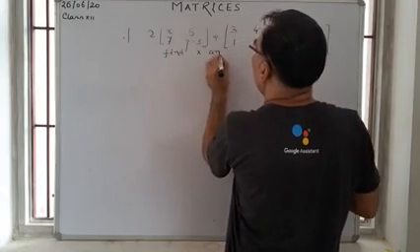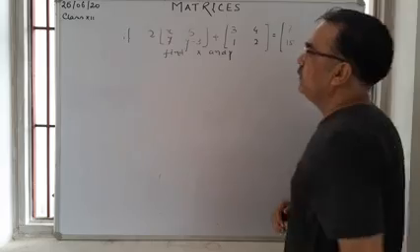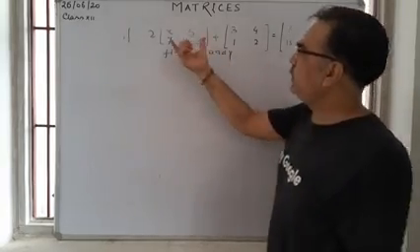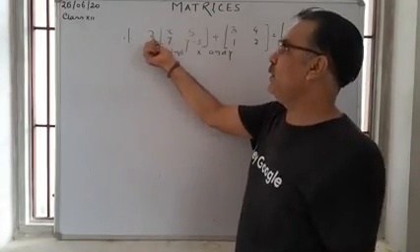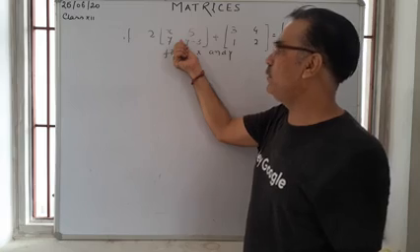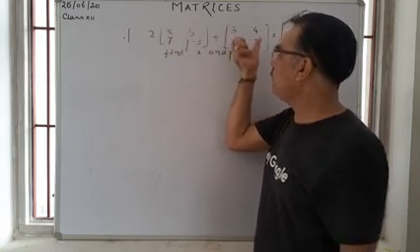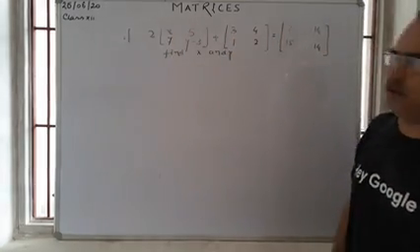x and y. So first you see this and this matrix are of the same order, and this is a scalar quantity. Then first we multiply it in this one, and then we add this with this one, and then compare the matrix.